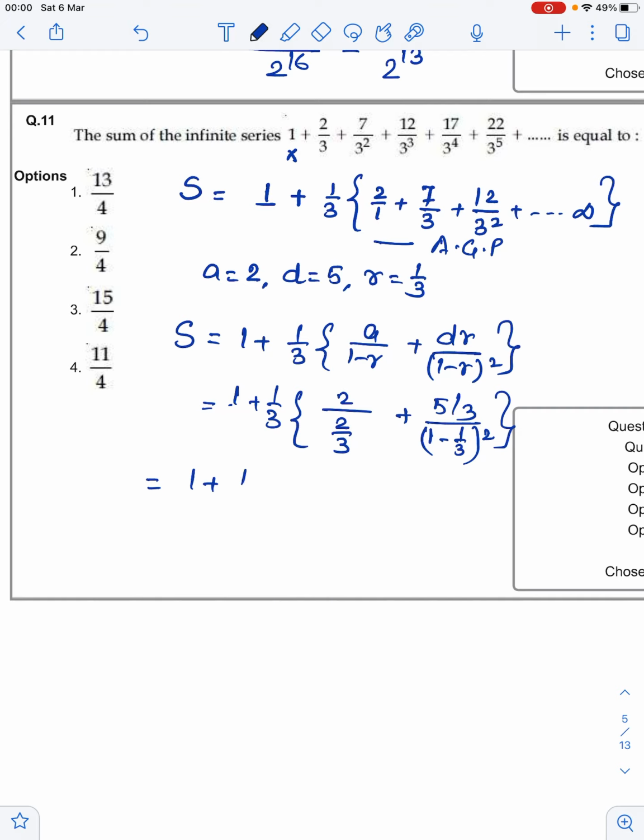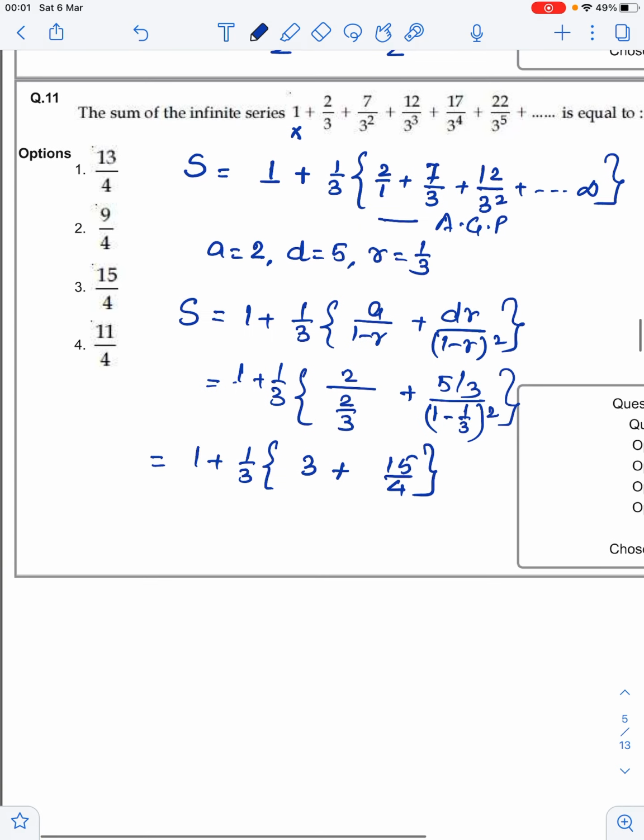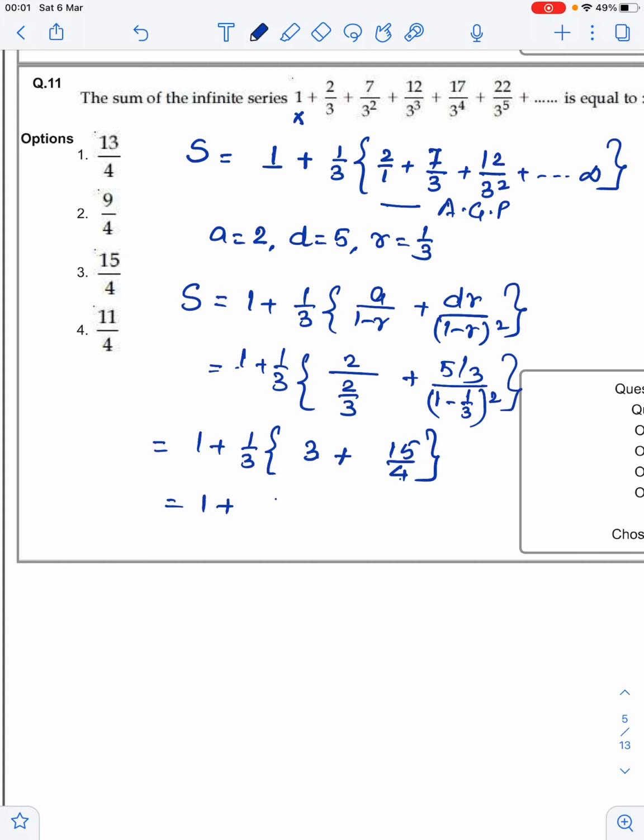So this comes out to be 1 plus 1 by 3 times (3 plus 15 by 4). So this becomes 4 by 3, (12 plus 15) is 27 by 4, and 3 cancels, it becomes 9 by 4. So the final answer is 13 by 4, which is our first option.